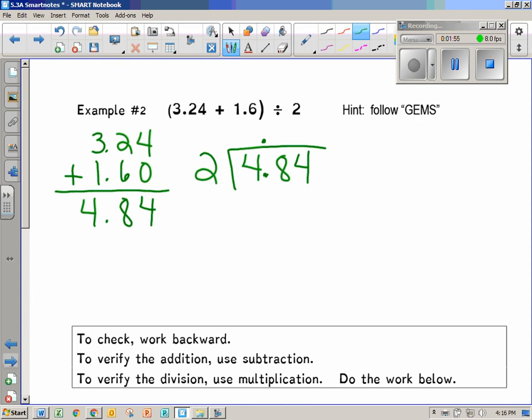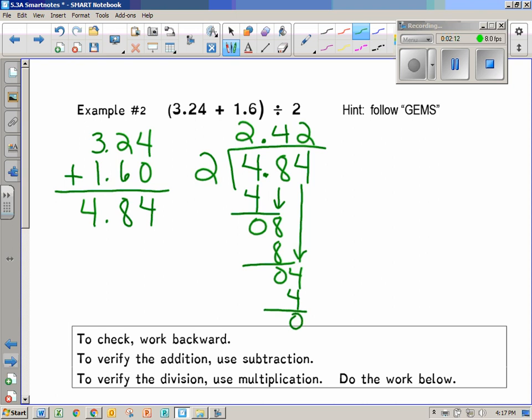Now you can sort of ignore it. 2 goes into 4 twice. Bring down your 8. It goes 4 times. Bring down your 4. And it goes 2 times. No remainder. So your result is 2.42, or 2 and 42 hundredths.